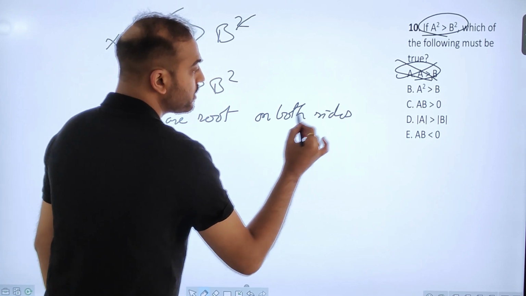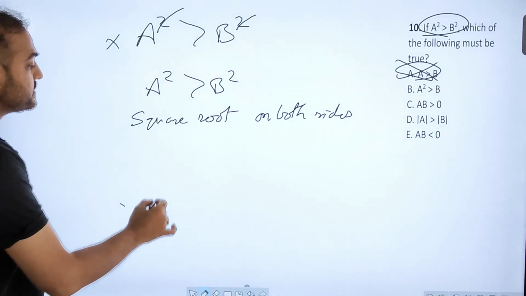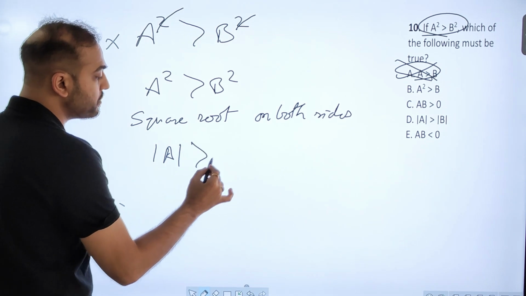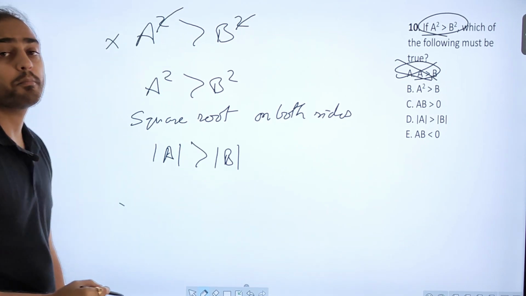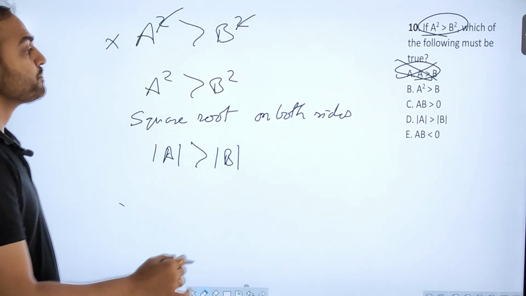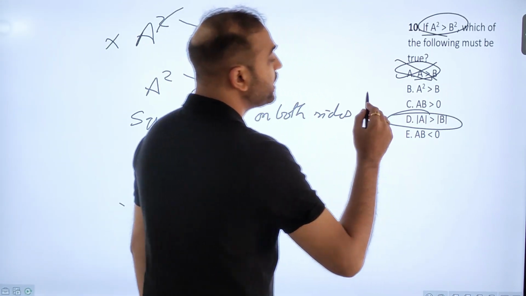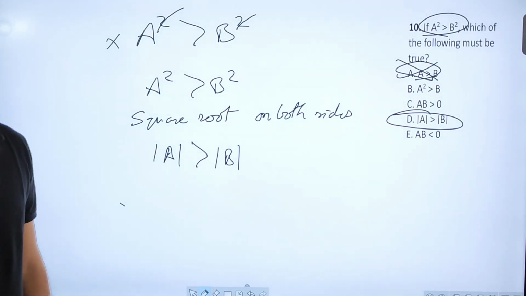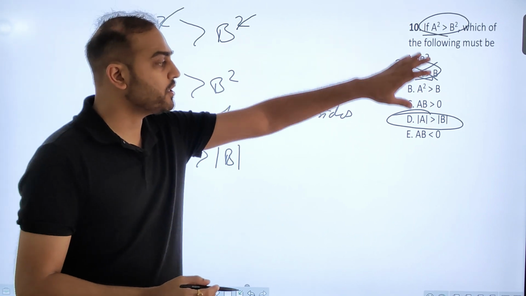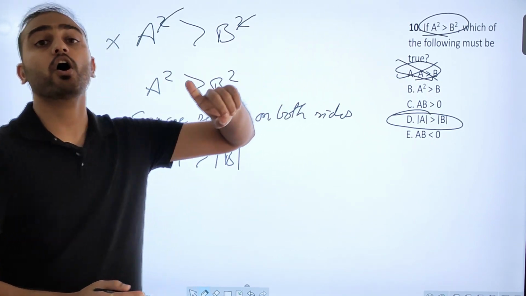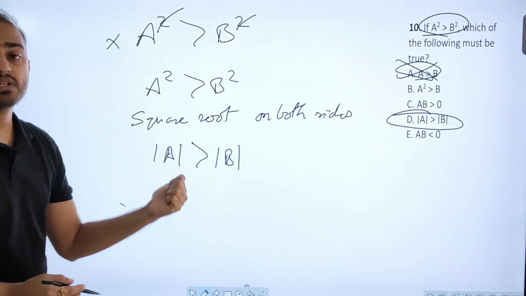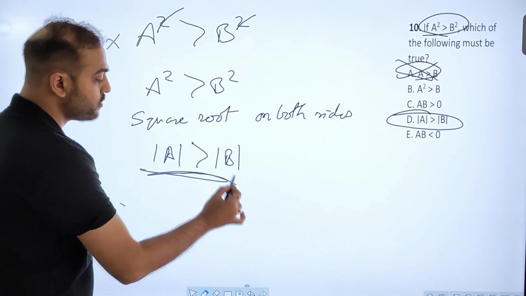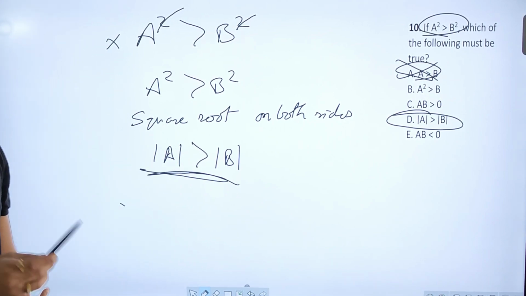When you are doing square root on both sides, remember, square root of variables is always modulus. So the answer will be option D and not A, because square root of variables is always modulus.